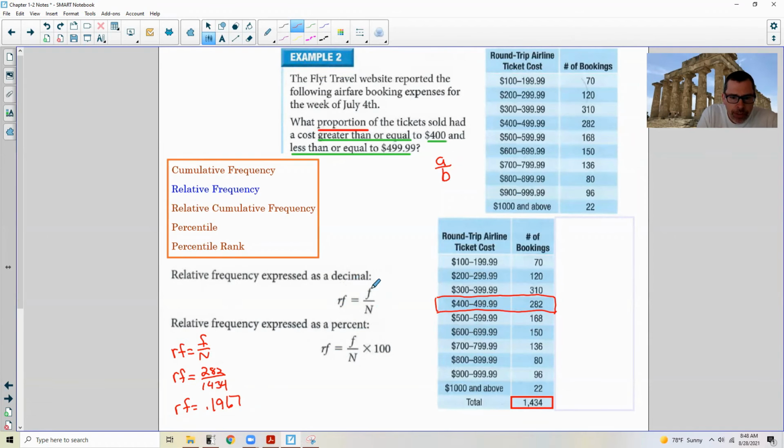That is this formula here. Now to get the relative frequency to be a percent, you just multiply it by 100. So RF equals, multiplying by 100 moves the decimal 2 places to the right, and that'll give me 19.7 percent, rounding to the 10th position. Okay, so there is the answer to example 2.